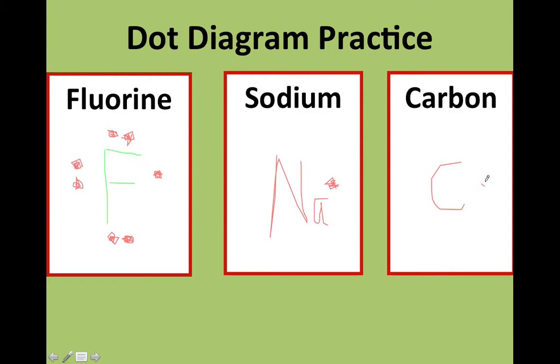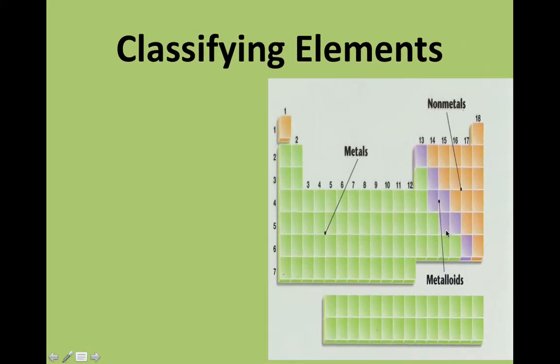So again, we're going to do east, west, north, and then south. Okay, so now we have a practice worksheet, and we're going to practice that as a group in a minute. I'm going to go ahead and continue on with our notes.